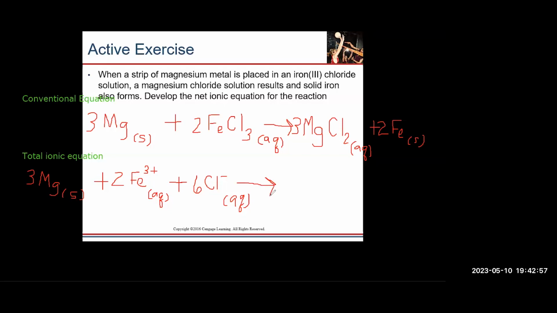Okay, on the other side, 3 Mg. Is it just 3 Mg? 3 Mg2 plus, the ion. That's going to be aqueous, and 6 Cl minus.